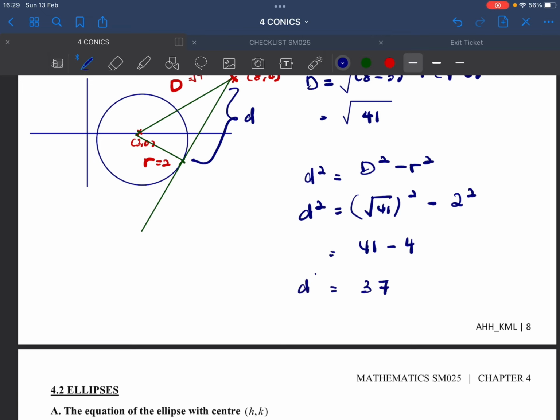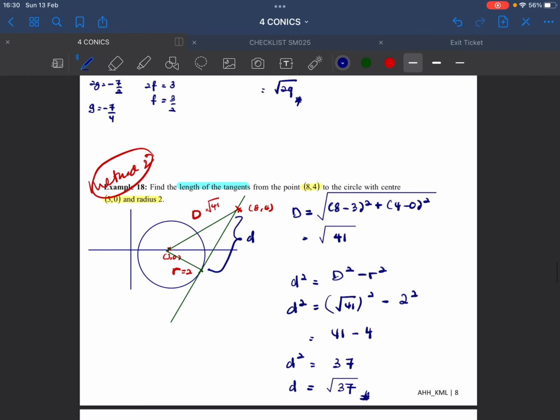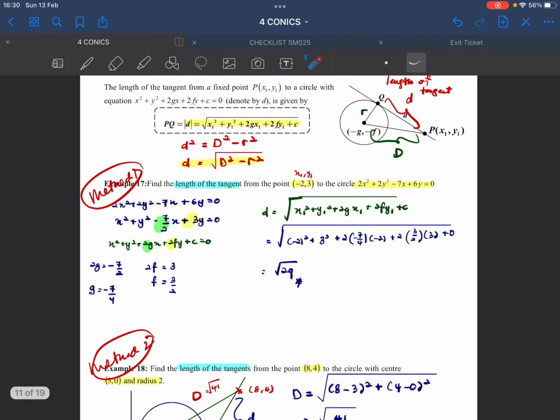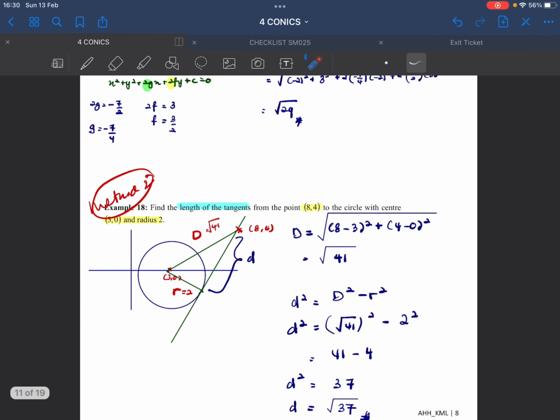This is your d squared, so d equals square root of 37. That is the second method to find the length of tangent. You have to know both methods. First, you just use the formula, substituting g, f and the point. Second is by using the distance between 2 points and the Pythagorean theorem.